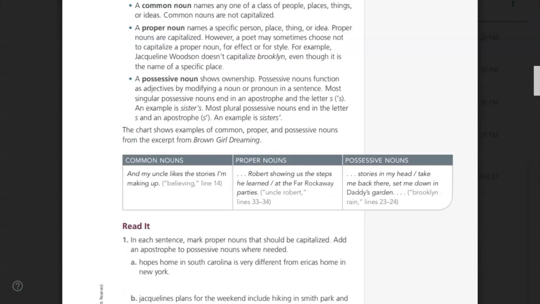Okay, so we've got Robert, and we've got the name of a specific place, Far Rockaway. Possessive noun: stories in my head take me back there, set me down in Daddy's garden. This is Daddy's garden. It shows ownership, right? So that's a possessive noun, because he owns the garden. He is a noun, but he also shows ownership here.